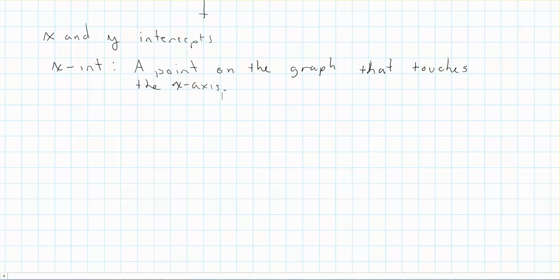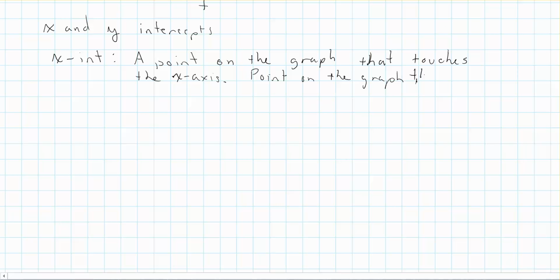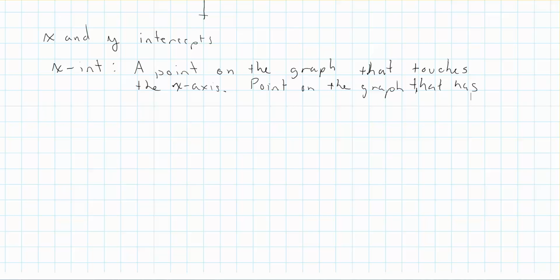Or you can think of it as a point on the graph that has y equals 0. And you can think of it that way just because, well, y does equal 0. If you're on the x-axis, what's the y value? It's 0. And similarly, you can think about a y-intercept here.